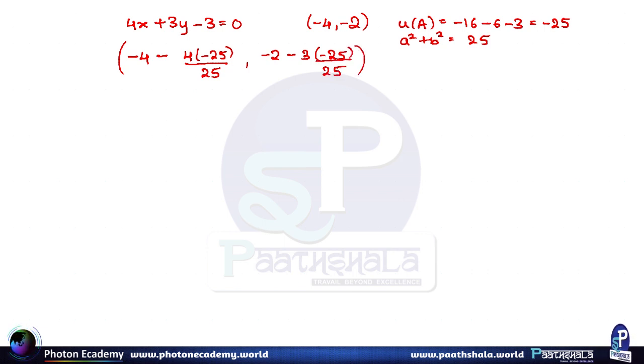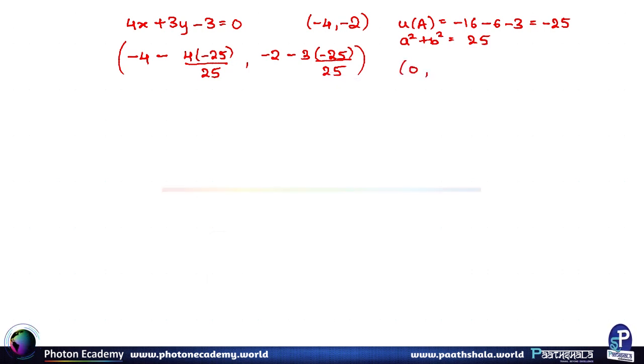So finally it gives us -4 plus 4, so that is 0, comma -2 plus 3, so that is 1. So the first point is (0, 1). So this is, I think, A.